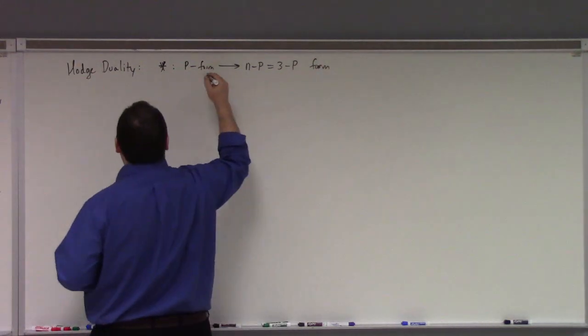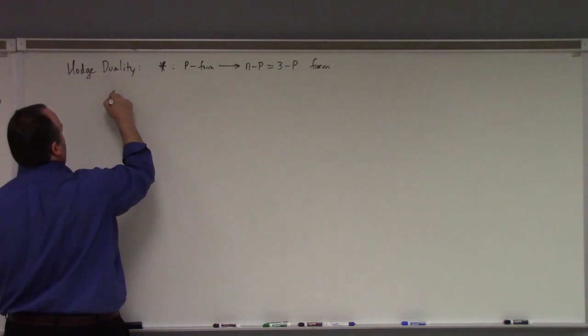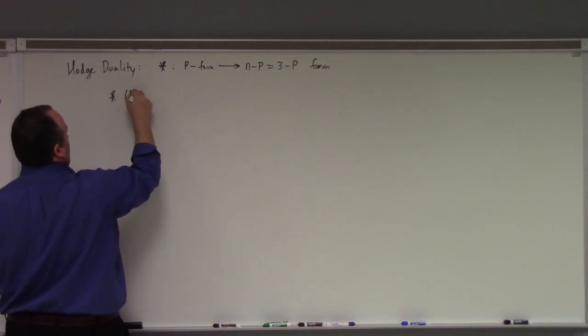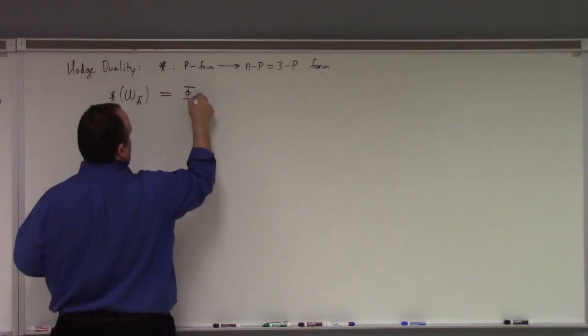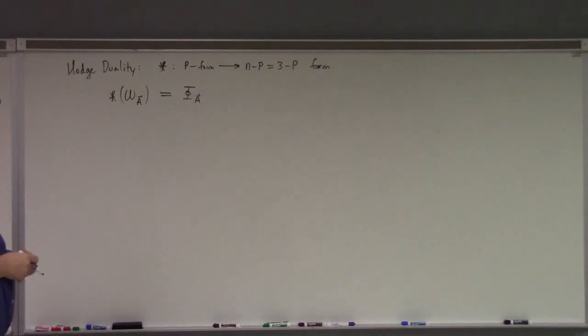All right, so here's how it works. The Hodge dual of the work form of A is equal to the flux form of A. That's Hodge duality. Hodge duality turns a 1 form into a 3 minus 1, which is a 2 form.